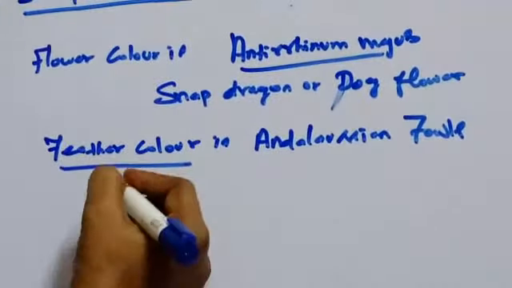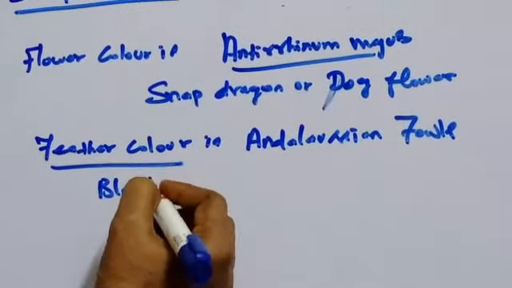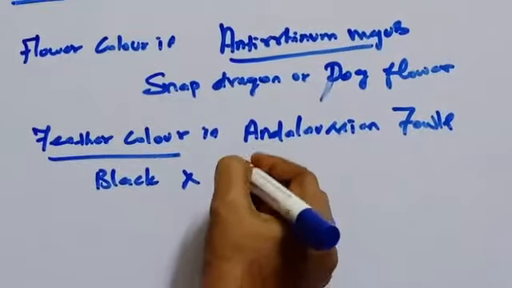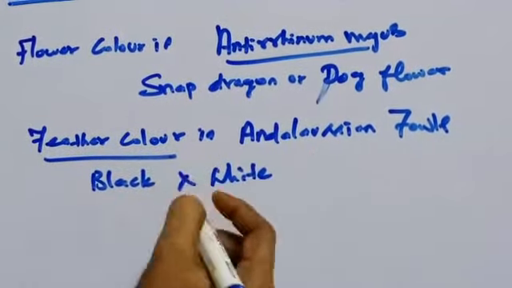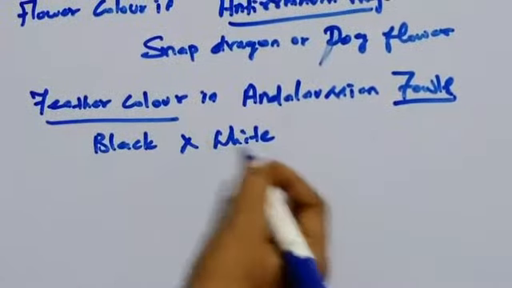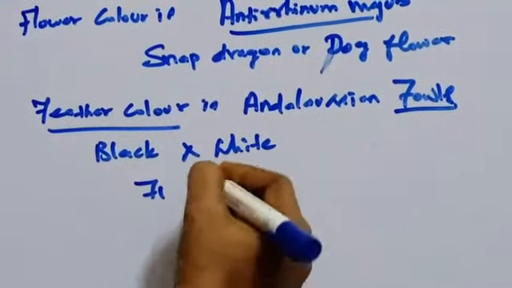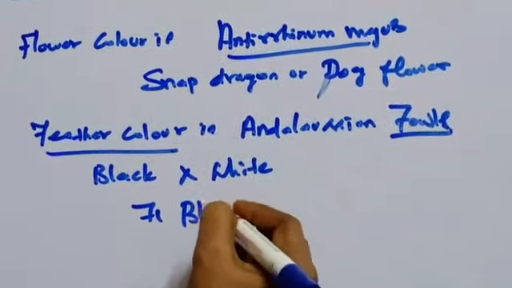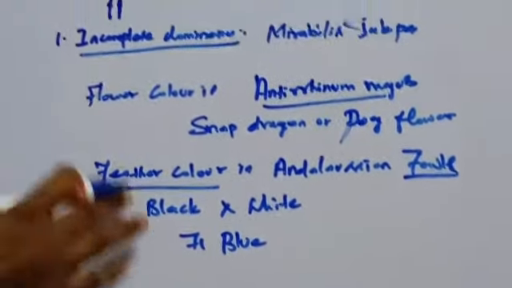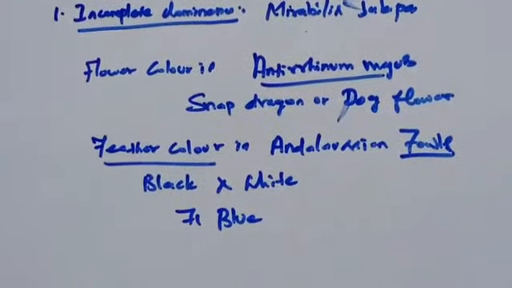When a black color fowl is crossed with a white color fowl, fowl means birds, the F1 is blue in color. That's all about the examples for incomplete dominance.